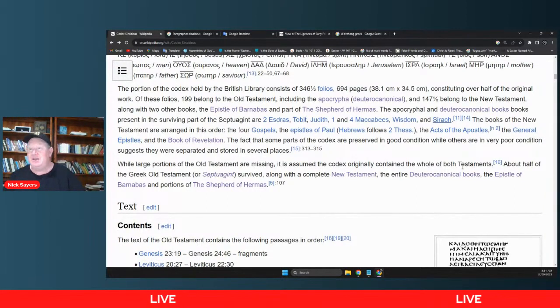And so in examining that, we're looking at, do the words of certain parts of Sinaiticus match up with printed editions? So that's why we've been comparing some of these editions.